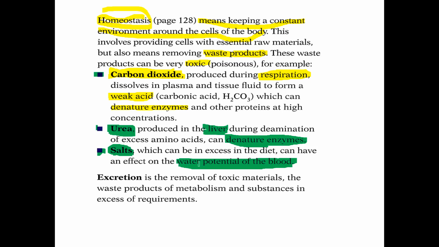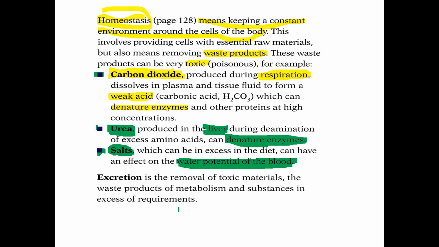That's why, for example, maybe you heard about someone with high blood pressure. They said he should not eat salt. Why? Because extra salt in your blood will affect the water potential. It will affect the concentration of water in your blood, and also it will affect the blood pressure.